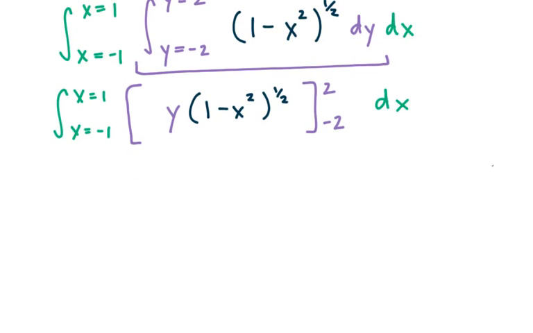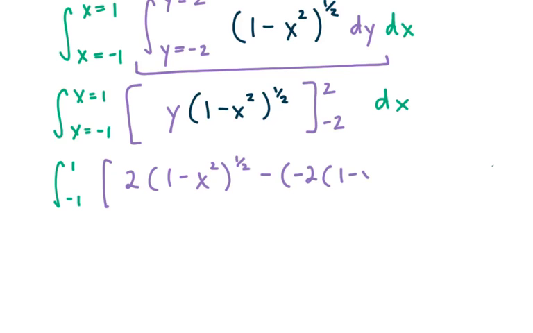So simplifying this, I'm going to say -1 to 1. I have 2, 1 minus x squared to the 1/2 minus -2, 1 minus x squared to the 1/2. And so minus that -2, that's a +2, or we will just have a 4. So I've got a 4 here.